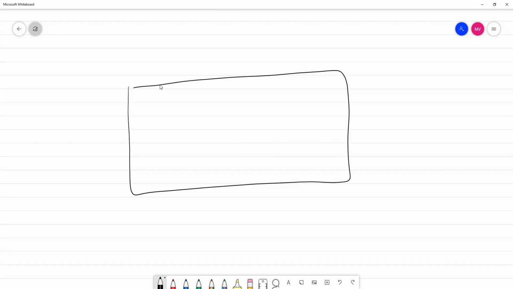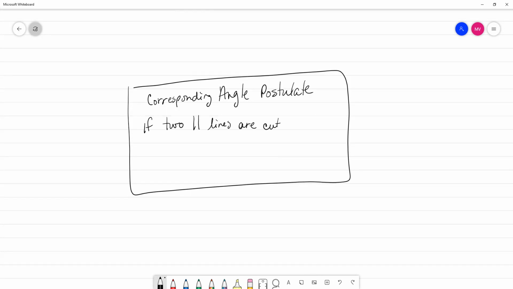On one side of your note card, you have the corresponding angle postulate, which reads, if two parallel lines are cut by a transversal, then the corresponding angles are congruent.